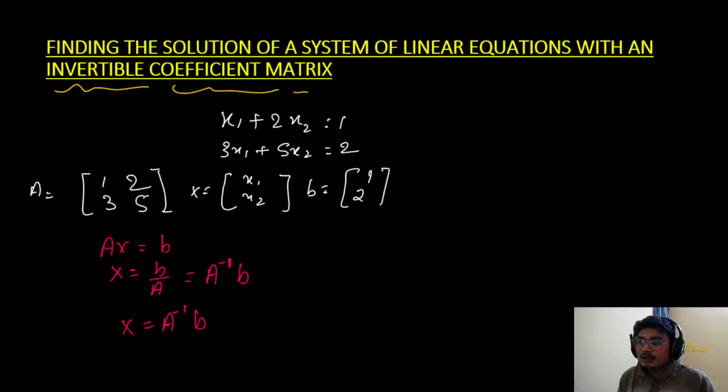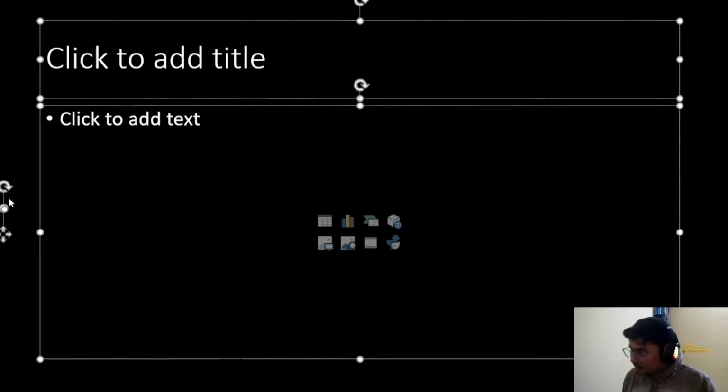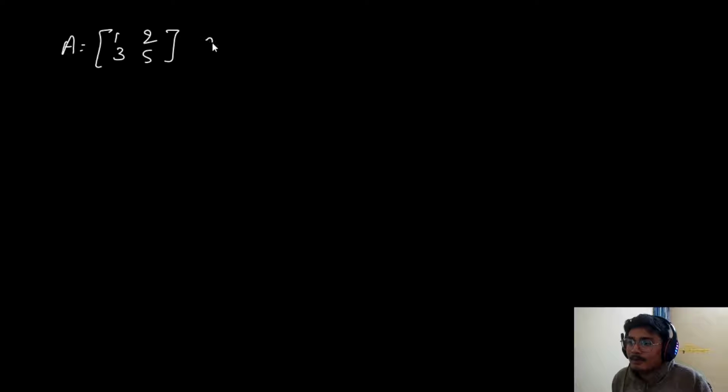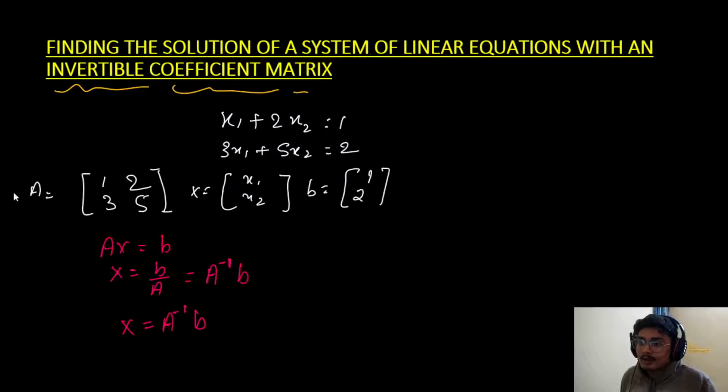So now let's take our A matrix, that is 1 2 3 5. We have X matrix as x1, x2, and we have B matrix as 1, 2.